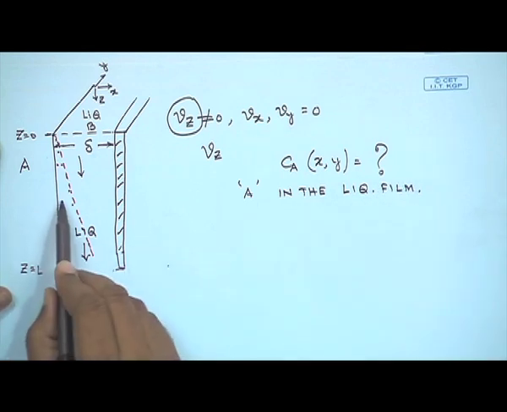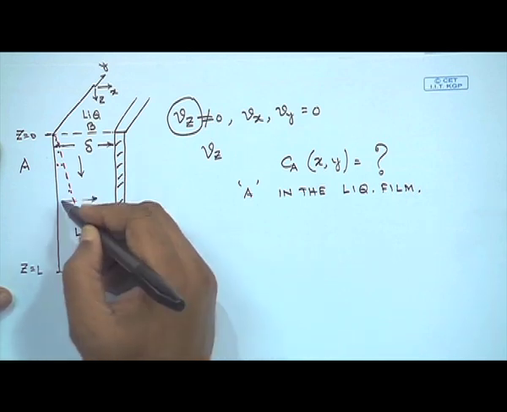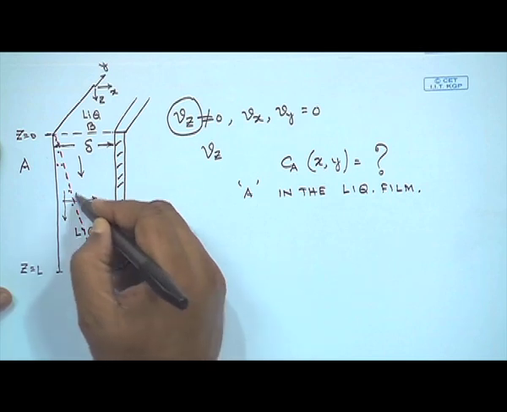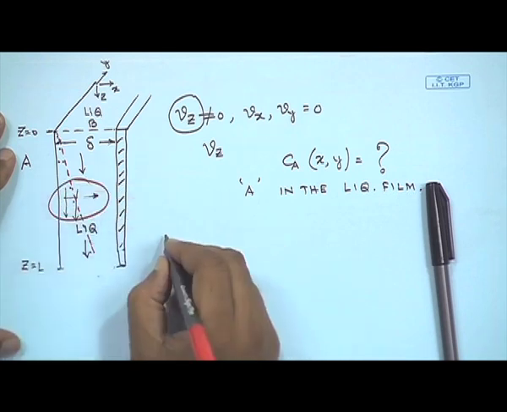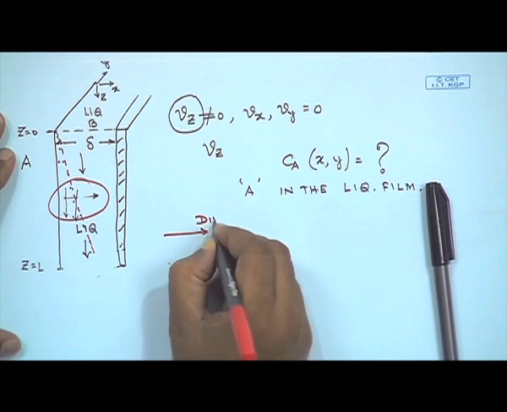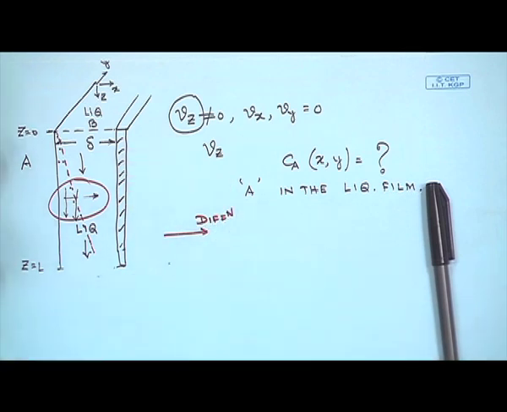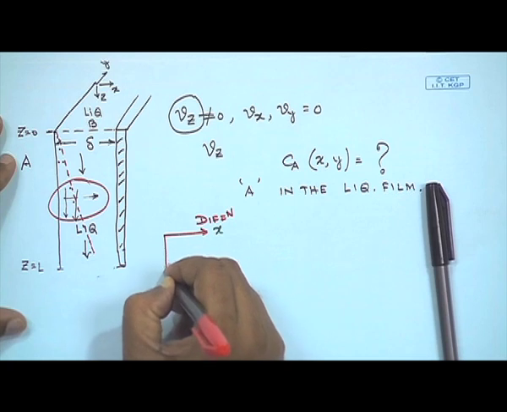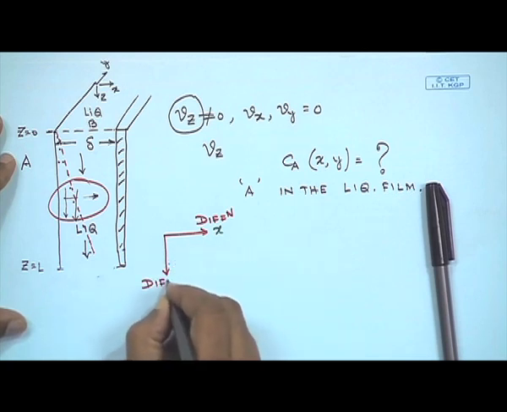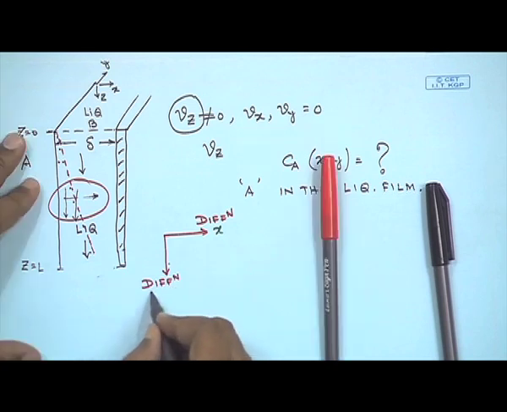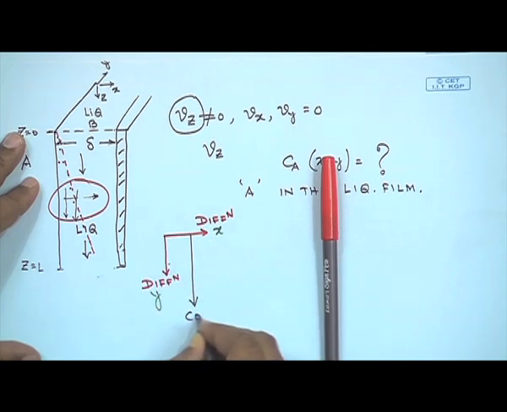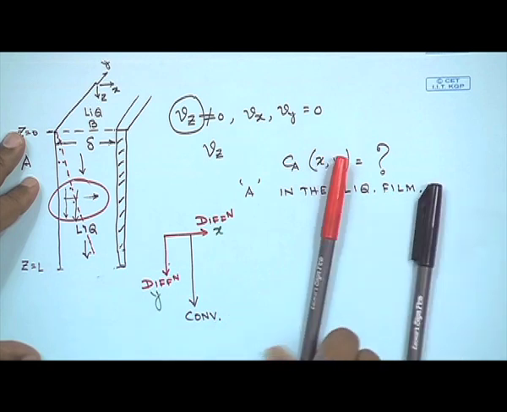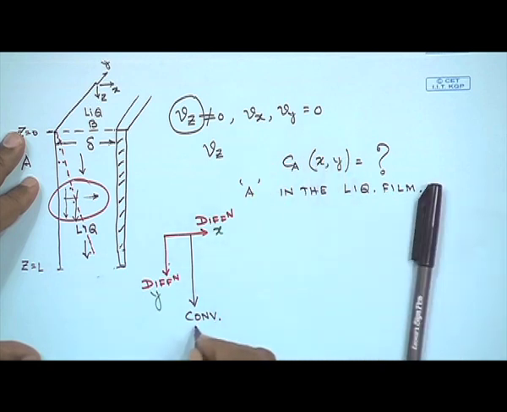And we understand there is diffusion in this process, and convection in this process. So this is my diffusion in the x direction, I have diffusion in the y direction, and I have convection, sorry, in the z direction.